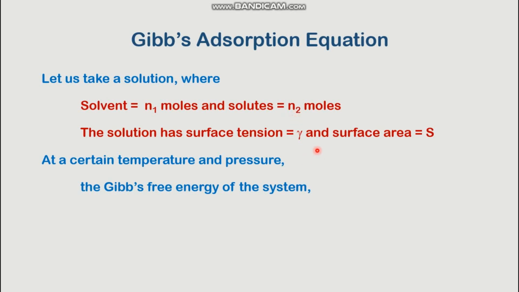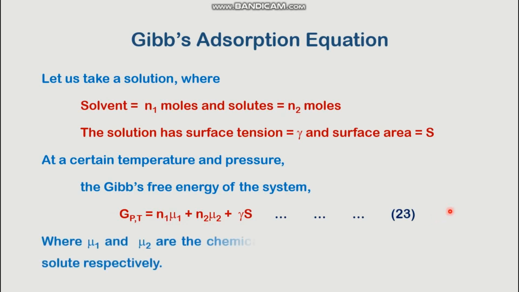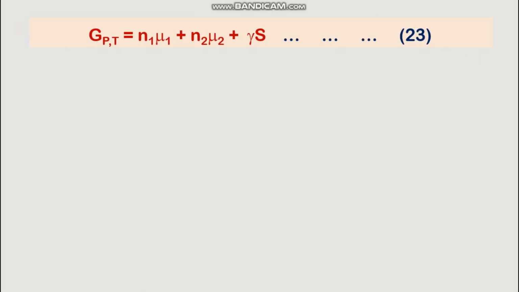And finally, the contribution in free energy from the surface is surface energy, that is surface tension into surface area, that is gamma S. So the overall free energy at constant pressure and temperature is N1 mu1 plus N2 mu2 plus gamma S. This is equation number 23. And we know that mu1 and mu2 are the chemical potentials of the solvent and the solute respectively.